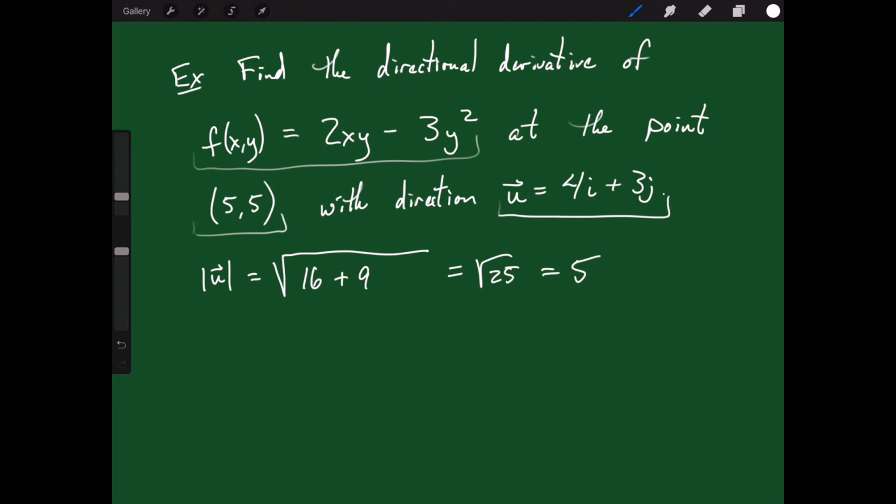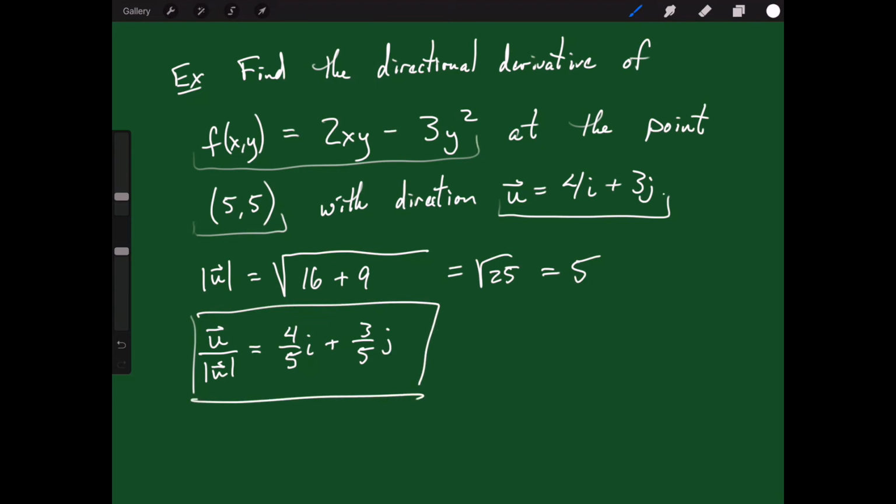So if I really want a unit vector here, u divided by the magnitude of u, that's going to be 4/5 i plus 3/5 j. Now we're talking about a unit vector, and this is the third piece that I need in order to compute this directional derivative.